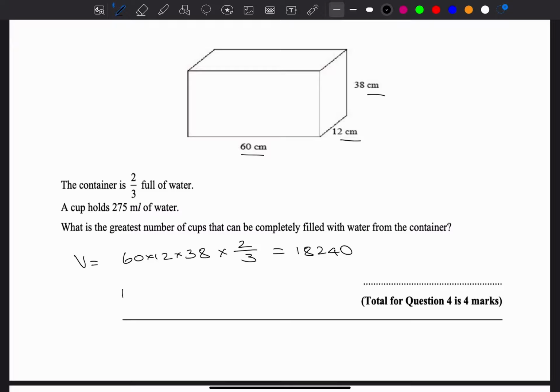Then you take the 18,240 divided by 275 because each cup holds 275. You got 66.3. From the container you can fill 66.3, so you round it down to 66 cups.